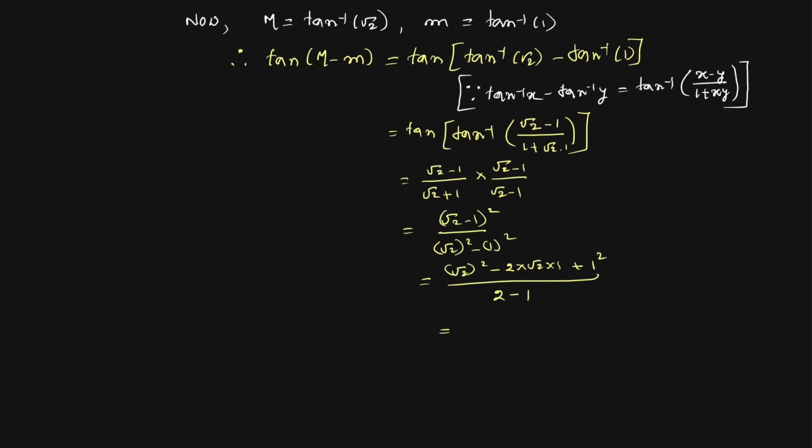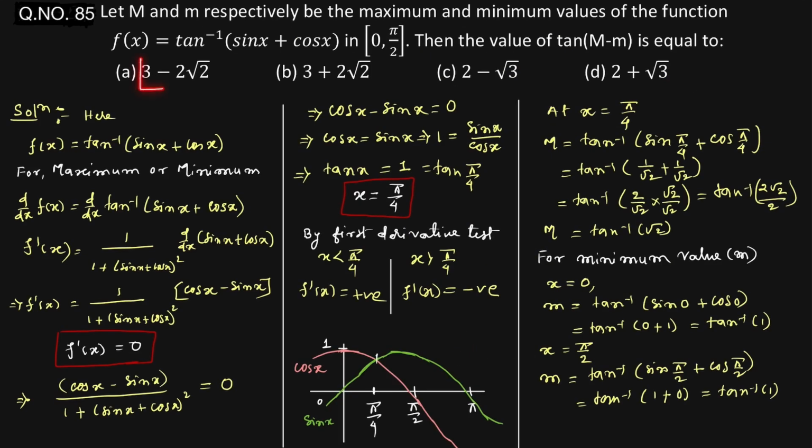So this is equal to root 2 whole square, that is 2, minus 2 root 2 plus 1, divided by 2 minus 1, that is 1. Now 2 plus 1 is 3. So this is equal to 3 minus 2 root 2. So this is our answer. Option number A is our correct option.